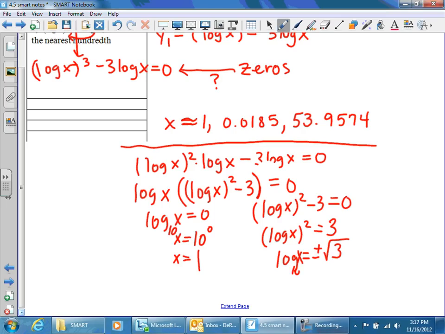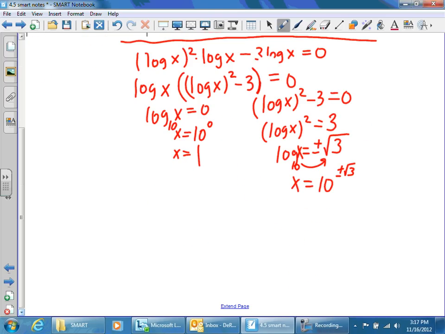So again, this is base 10. So when I pop that up, I can get approximately 2 answers: 10 to the positive square root of 3 and 10 to the negative square root of 3.